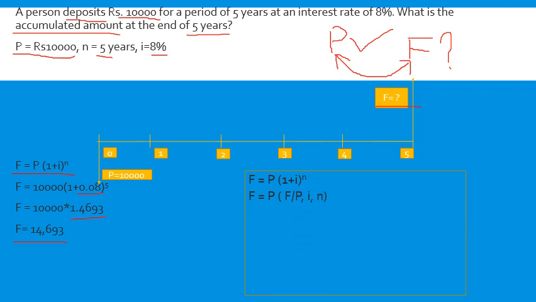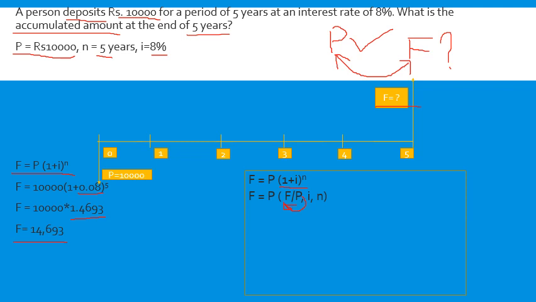Now F is equal to P into this (1 plus i) to the power of n, which is termed as the single payment compound amount factor, and can be written as F by P comma i comma n, which indicates P is being converted into F. That means I know P, I have to calculate F multiplied by i comma n.